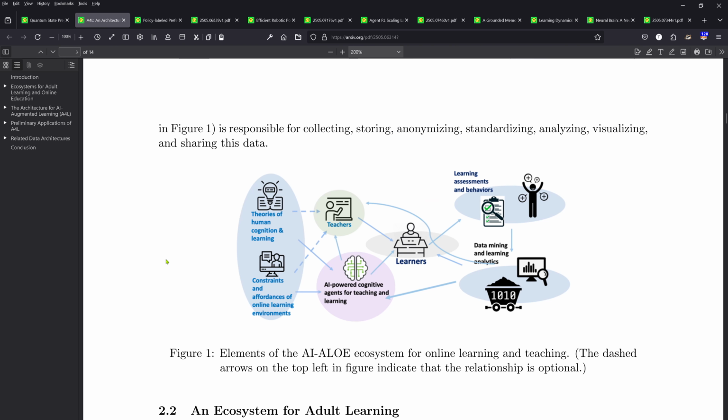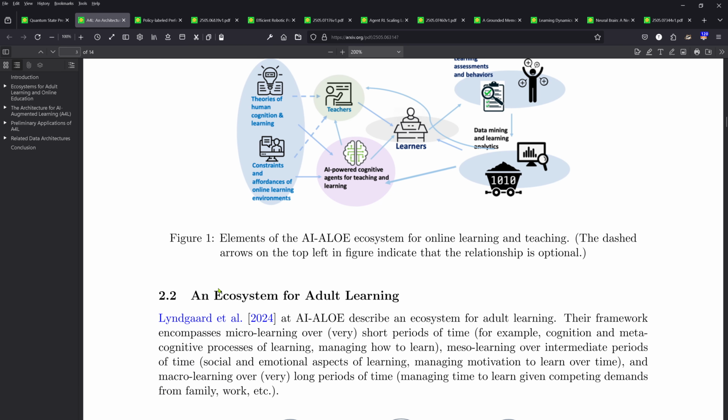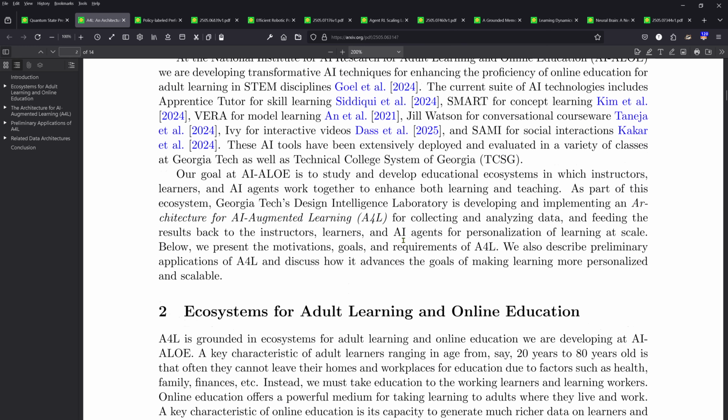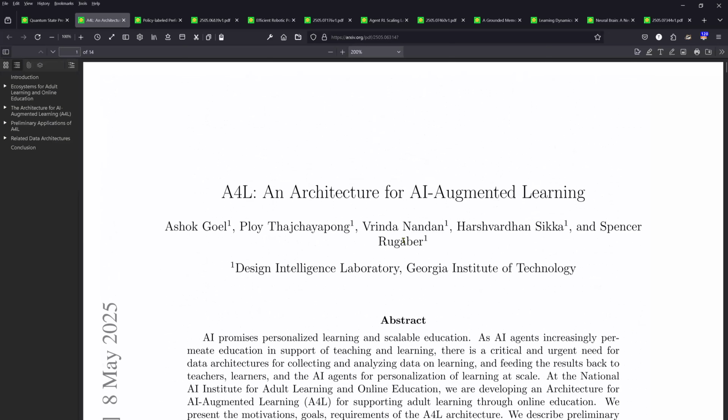But you know, there are also very easy publications that I find highly interesting, an ecosystem here for adult learning. How can everybody learn with AI, through AI, AI helping here in the best possible way? We have a new research, this is here by the Georgia Institute of Technology, an architecture for AI augmented learning.